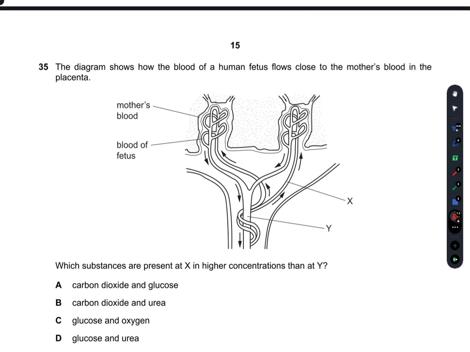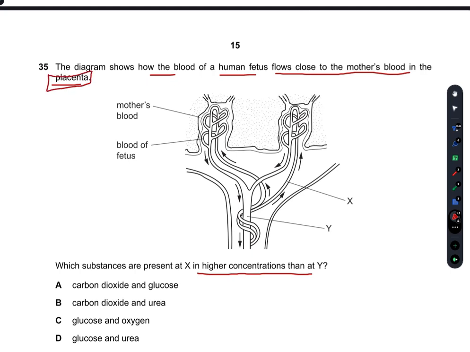The diagram shows how the blood of a human fetus flows close to the mother's blood in the placenta. Which substances are present in X in higher concentration than at Y? So in X, it is the placenta.